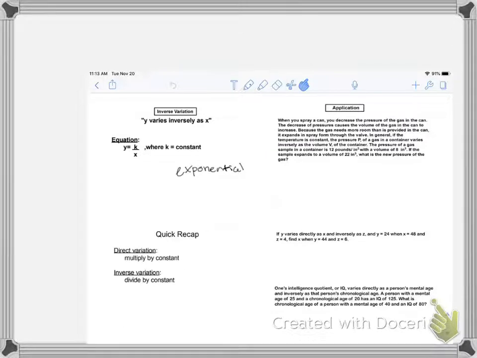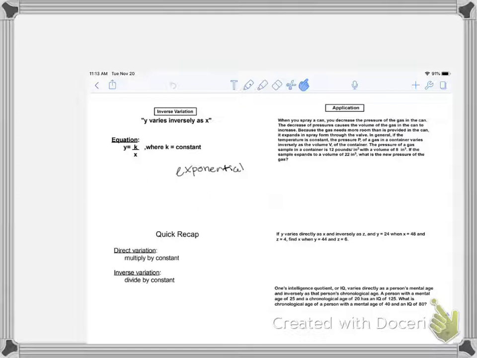All right, we're going to jump right into an application problem. It says when you spray a can, you decrease the pressure of the gas in the can. The decrease of pressure causes the volume of the gas in the can to increase. Because the gas needs more room than is provided in the can, it expands in spray form through the valve.